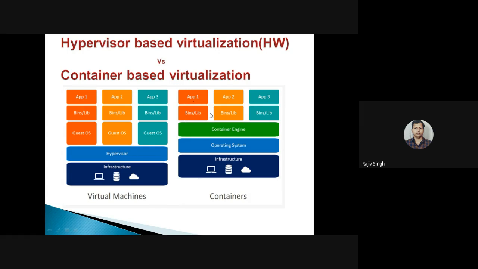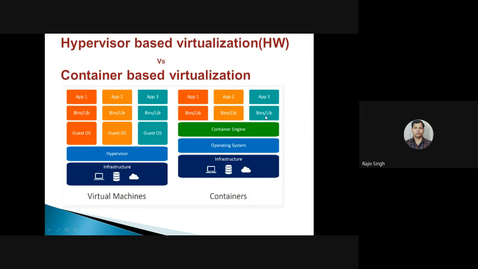It will just keep this. This is container one, this is container two, this is container three. The containers extract the operating system functionalities from the host system, so you need not install the operating system again and again on each container.